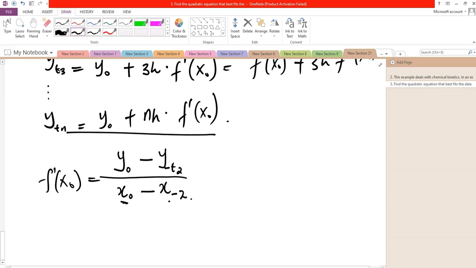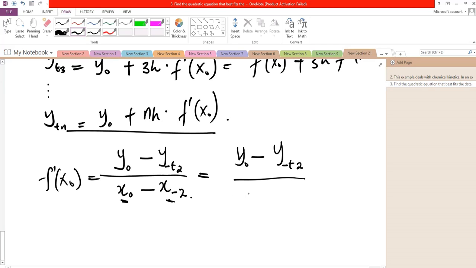Knowing that this value is greater than this value, it will be a positive value. You have y0 minus y subscript minus t2 divided by 2h.